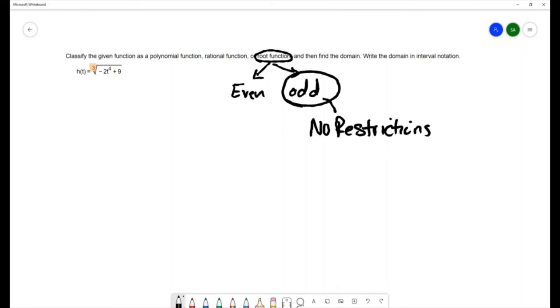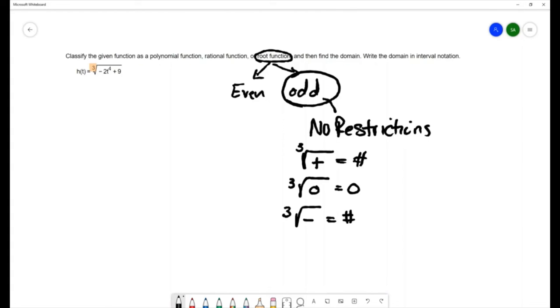meaning that you can take the odd root of a positive number and get a real number. You can take the odd root of 0, and that's 0, which is a real number, and you can take the odd root of a negative, and that's a real number. So we have no restrictions on odd root functions.